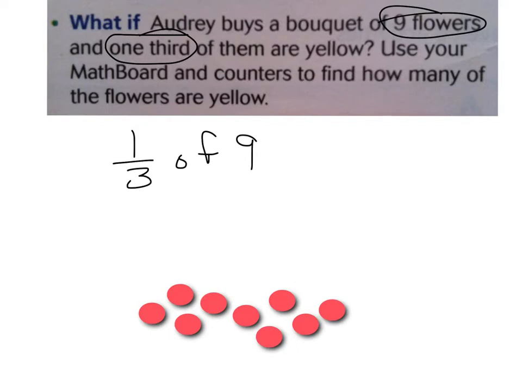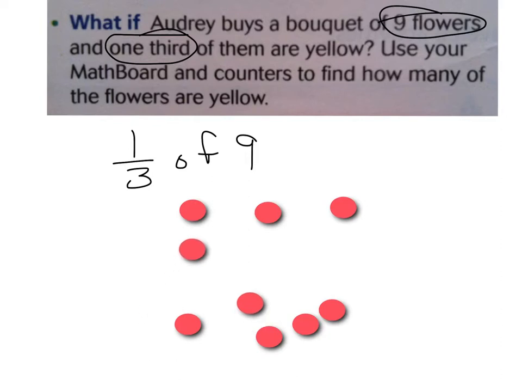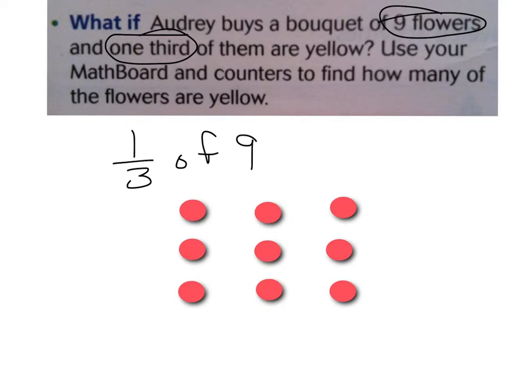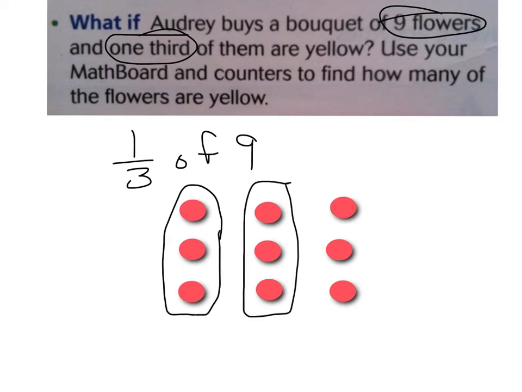I will begin by making a row of 3 counters. Remember that a row goes across. I will continue to make as many rows of 3 counters as I can until I have 9. Then I will circle 3 equal groups. Each group represents 1/3 of the flowers.